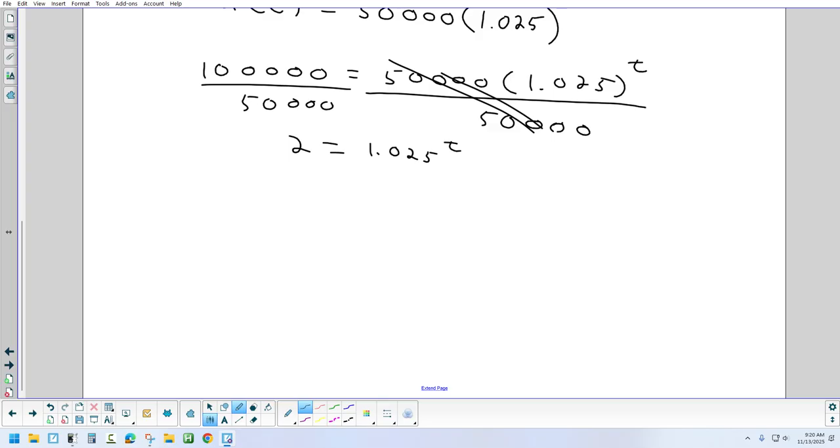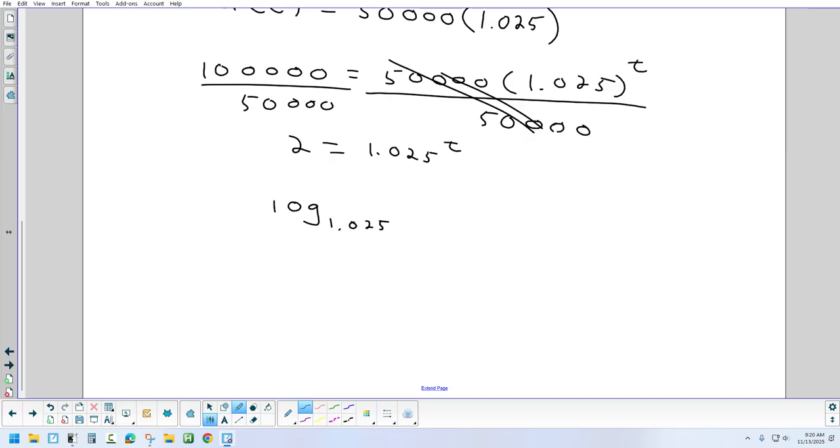Turn into a log. Yep, change it into log form. That's exponential. Let's change it to log form. So if we try changing it into log form, what would my base be on my log? 1.025. All right, it's a little bit of an issue because I haven't talked to you about how to type in logs other than base 10 or e, but we're going to talk about this.